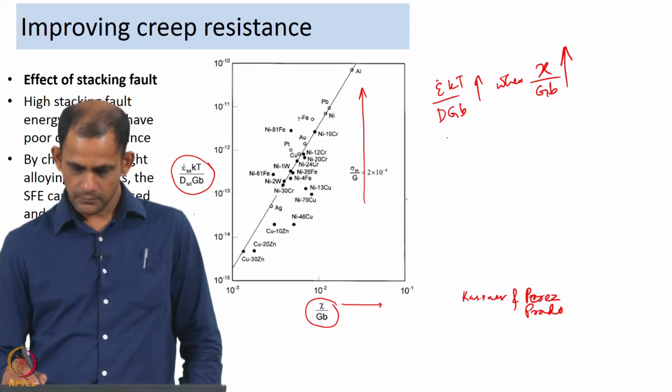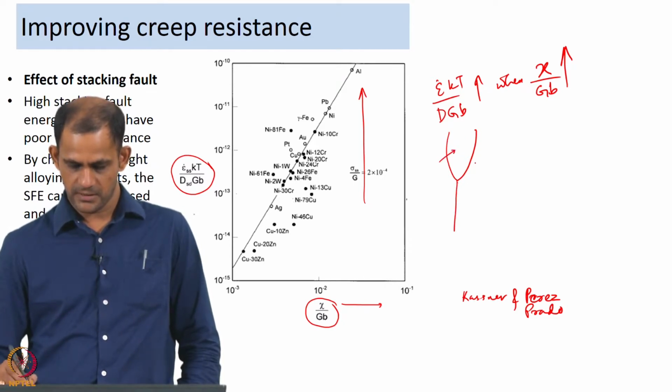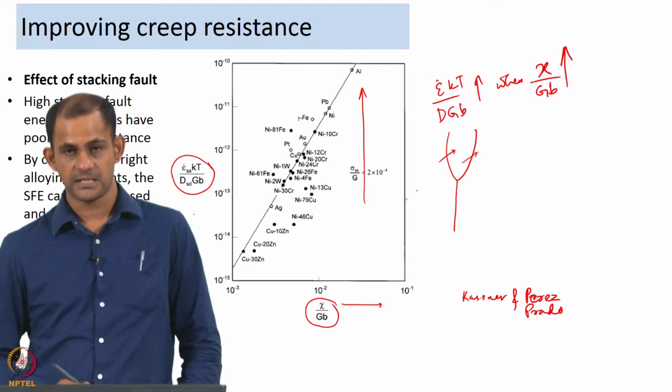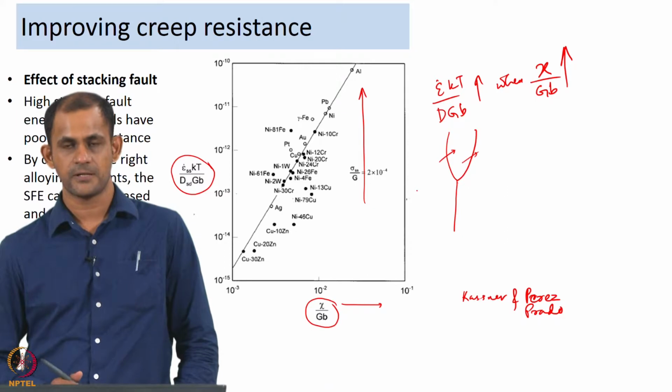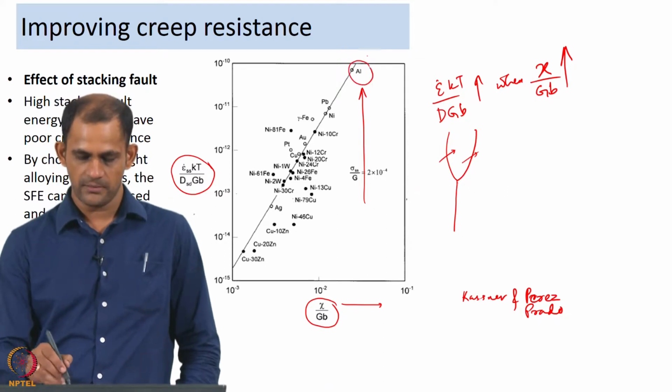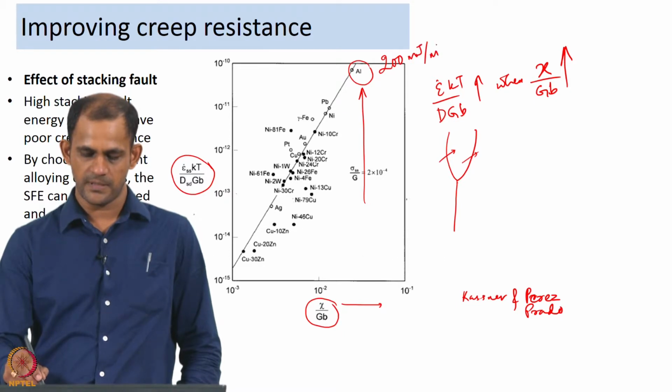Stacking fault energy basically corresponds to the energy between the two partial dislocations. So, if you have two partial dislocations, the area bounded by these two partial dislocations is the stacking fault. Now, let us look at the case of aluminum, which we know has a high stacking fault energy, around 200 millijoule per meter square.